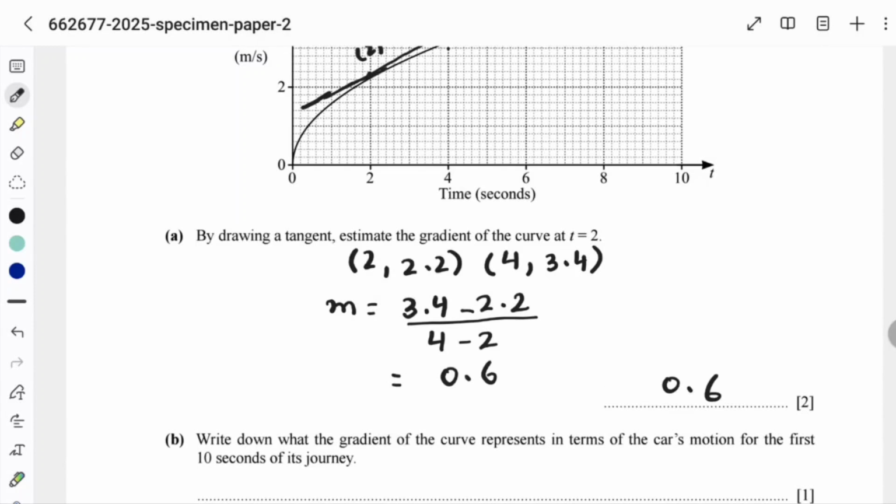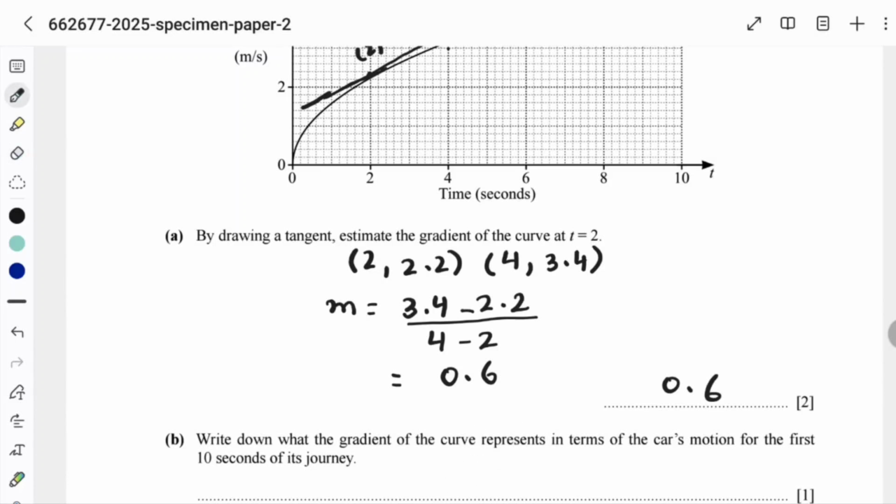Write down the gradient of the curve in terms of the car's motion for the first 10 seconds of its journey. So we can see it's like this. It's towards increasing speed. Whenever we see the tangent, it's in this increasing part of the speed line.